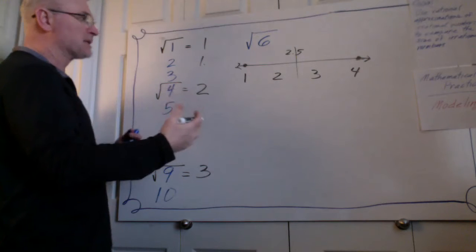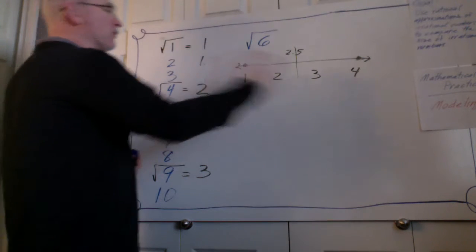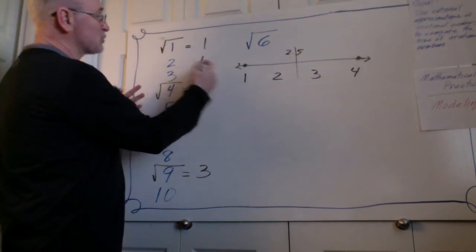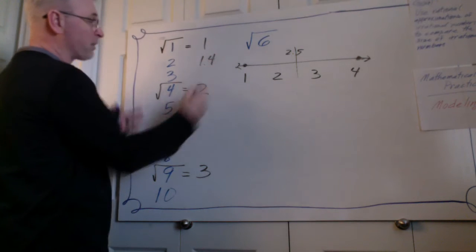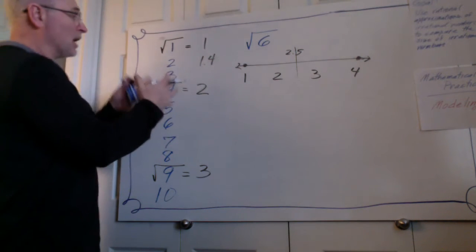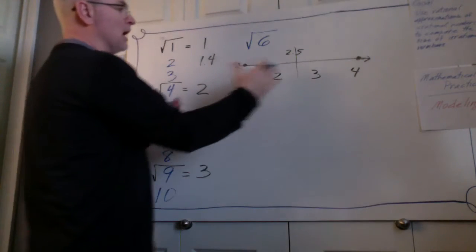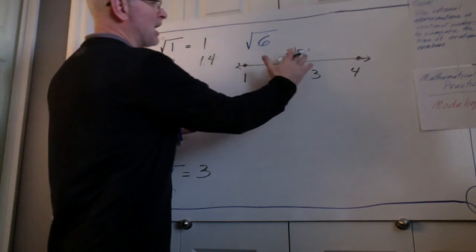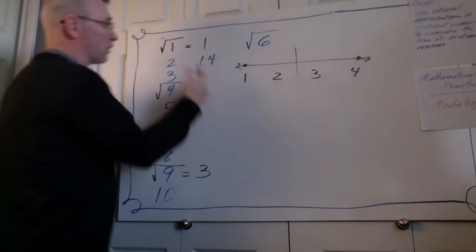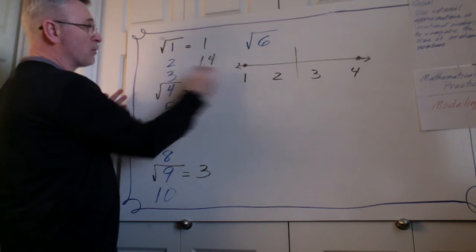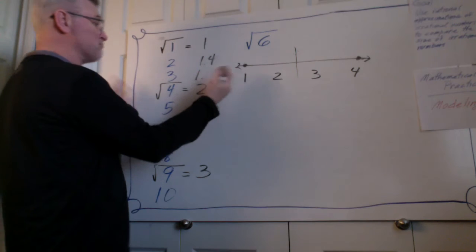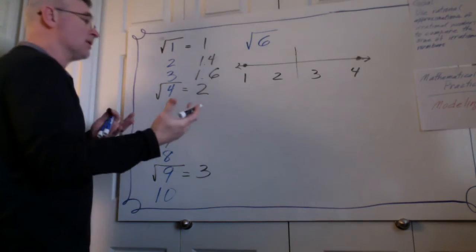Maybe this is 1.4. And then 3 is a little farther than halfway. So since it's farther than halfway, instead of 1.5 here, I'm going to put maybe 1.6. All right.